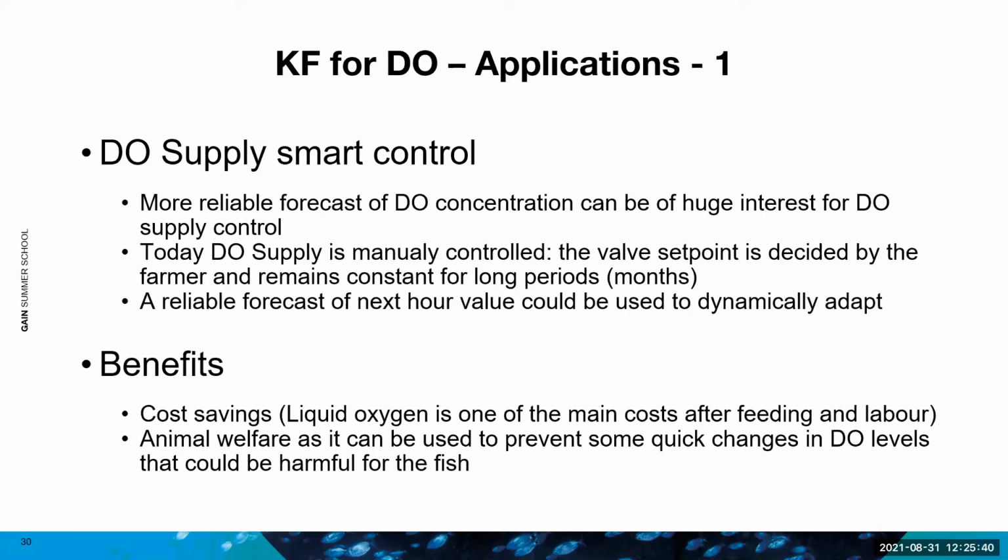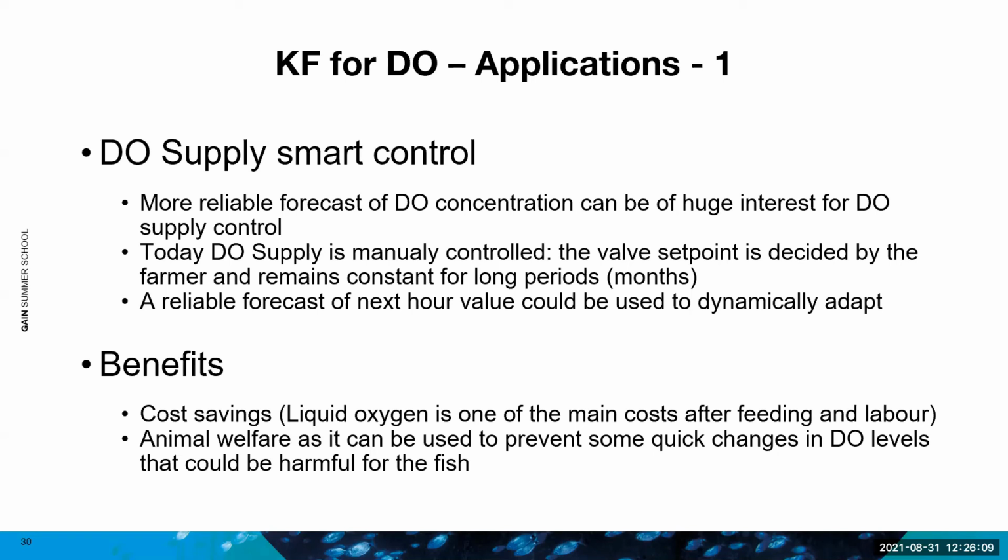It's fixed based on his menu and his experience. But you can try to use our estimation to build a dynamic control. So hour after hour, you can try to fix a new oxygen supply in order to better match the real need of the fish in the raceway. And this is, I think, a very interesting part.